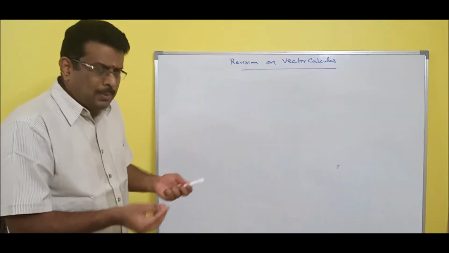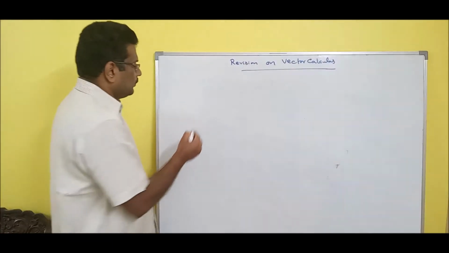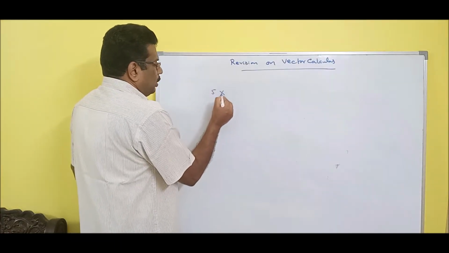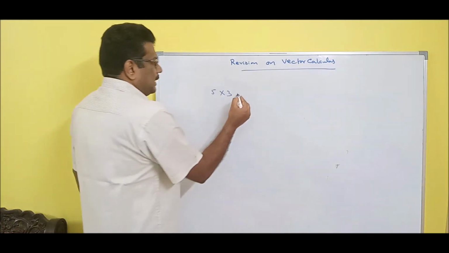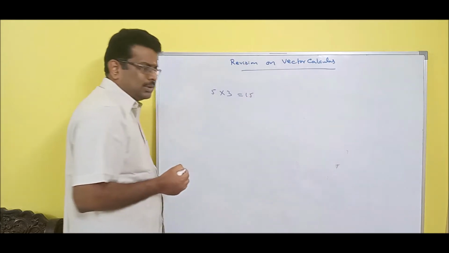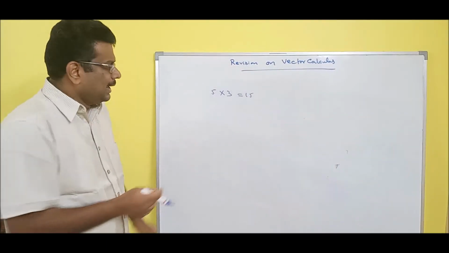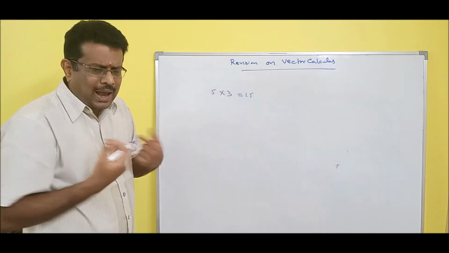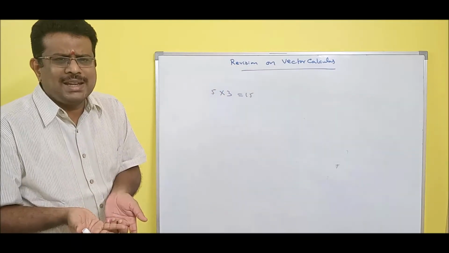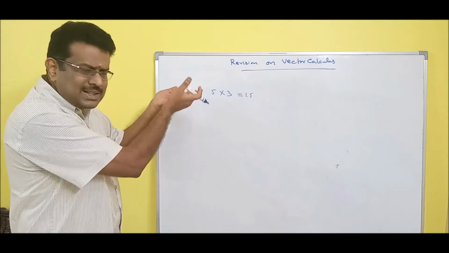If I want to multiply 2 scalars, the result is a scalar. 5 into 3 is 15. Multiplication of 2 scalars, I don't want to discuss in my engineering. This is 3rd standard work.